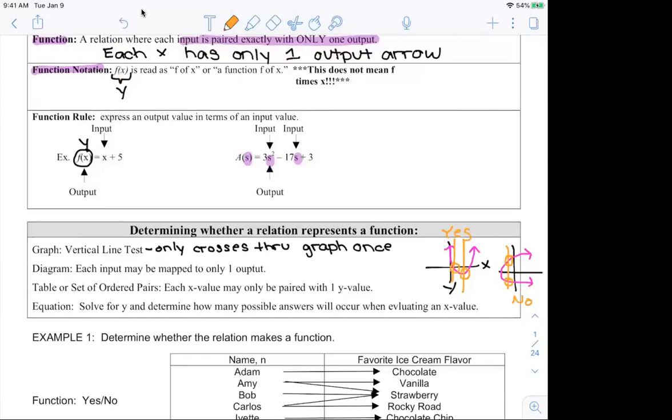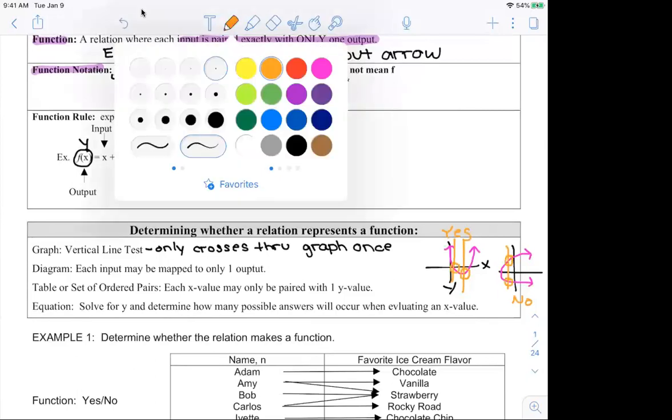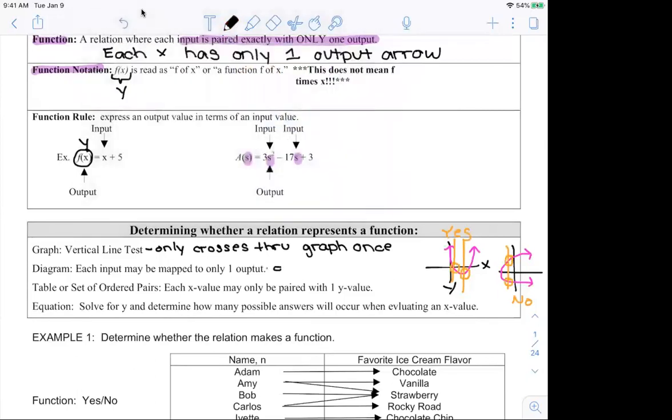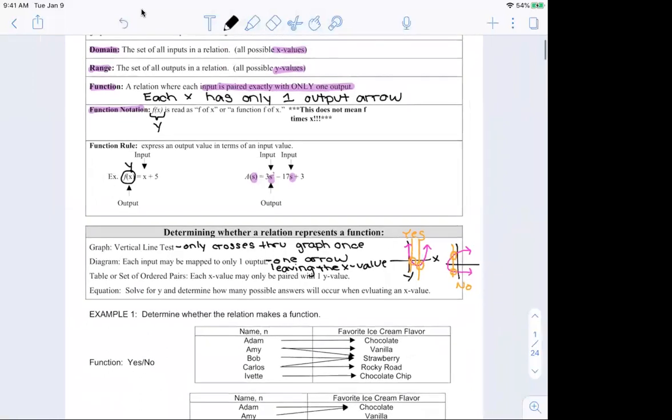So that means there should only be one arrow leaving the X value. The Y value can have more than one, but the X value can only have one arrow leaving it. Same thing kind of when you're looking at a table or a set of ordered pairs. You can only have one of the X's.